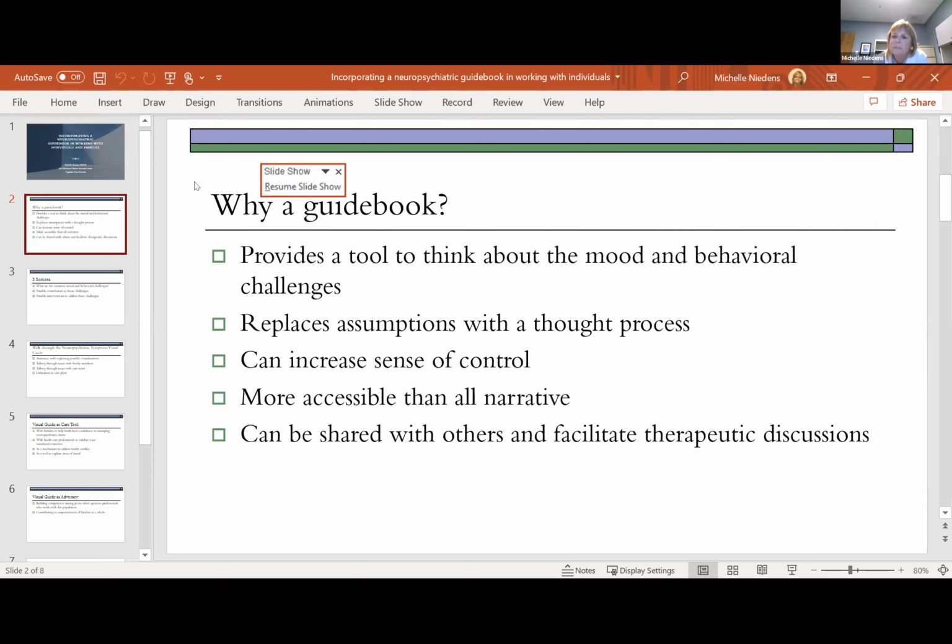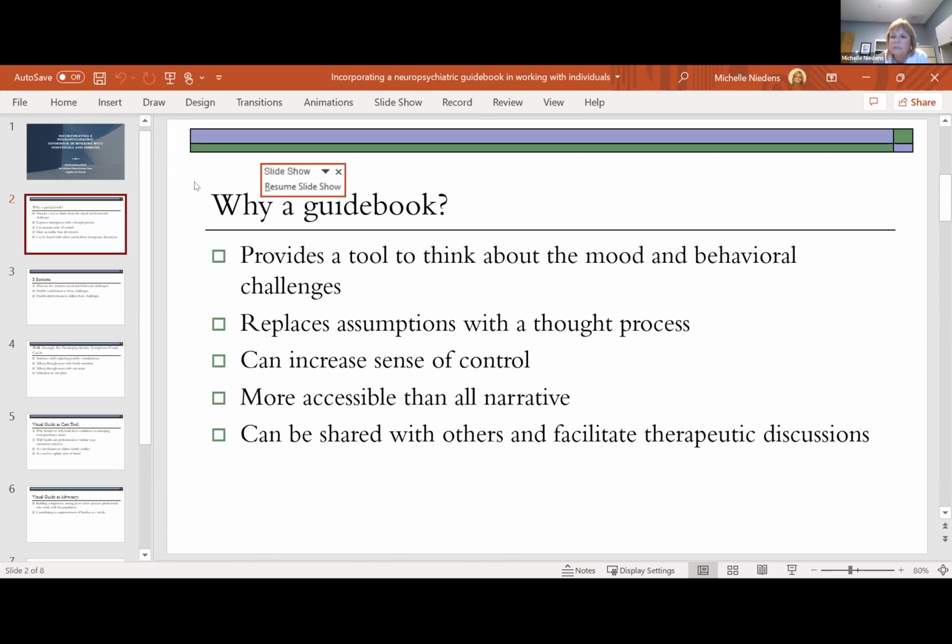I think it's a bit of an algorithm. I think it is tough for families. I think it is complicated for providers, especially with limited time frames, to really think through all of the issues. And there's so many elements of stigma that play into how we see these challenges.